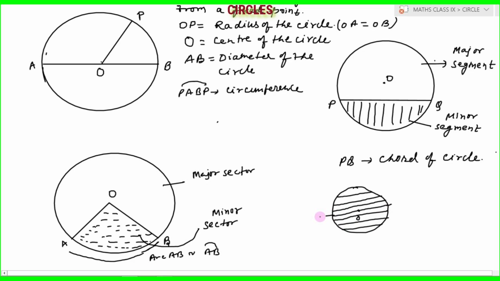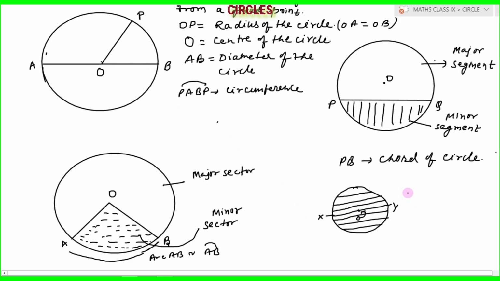Suppose we name this point y and this point x. Among all these chords, the largest chord is xy, and the largest chord passes through the center O. If we compare xy with the first figure AB, AB is the diameter, and here xy is also your diameter.